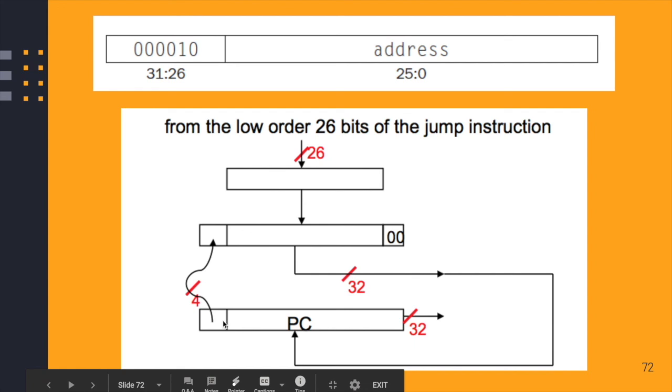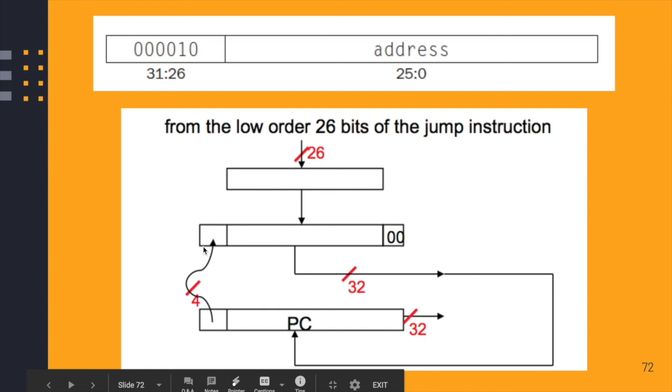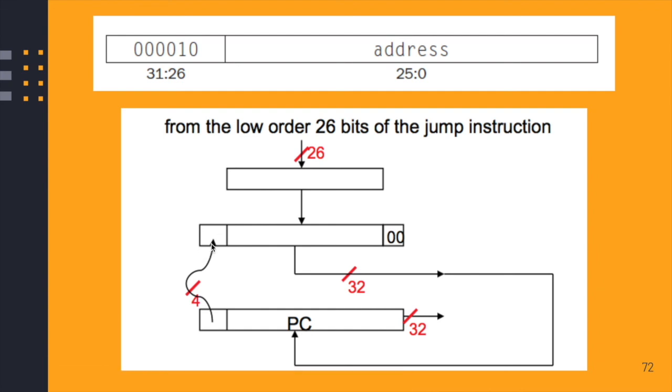I will take the most significant 4 bits, which are bit 28, bit 29, bit 30, and bit 31. These are the 4 most significant bits in our program counter, and I will concatenate them to my 28-bit address.